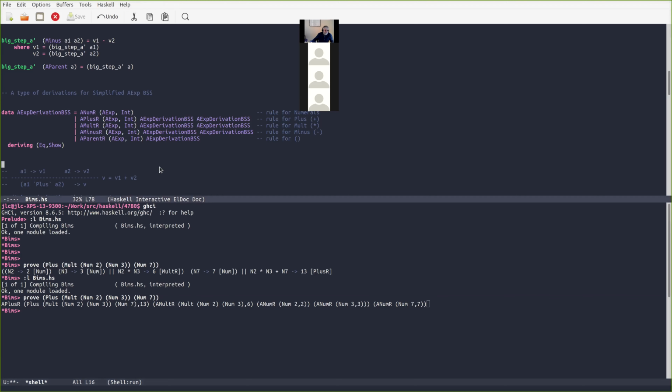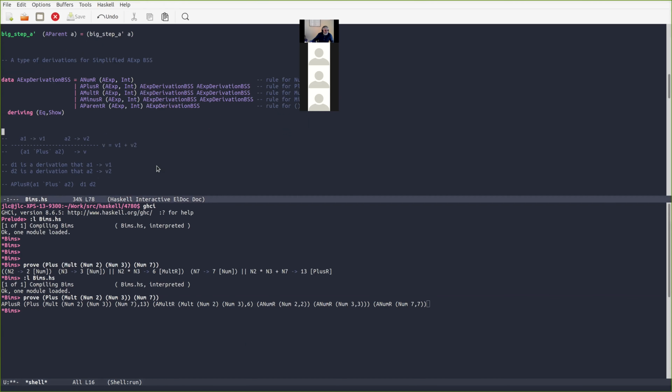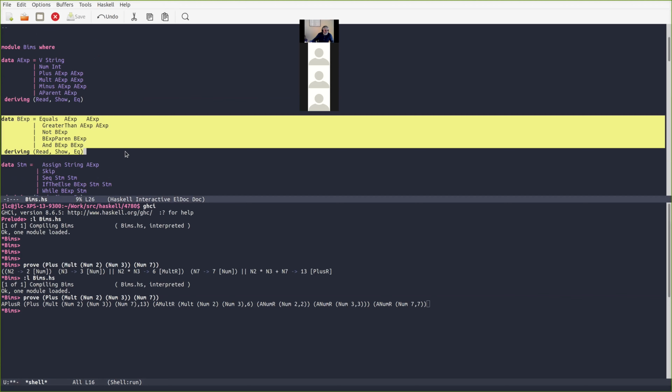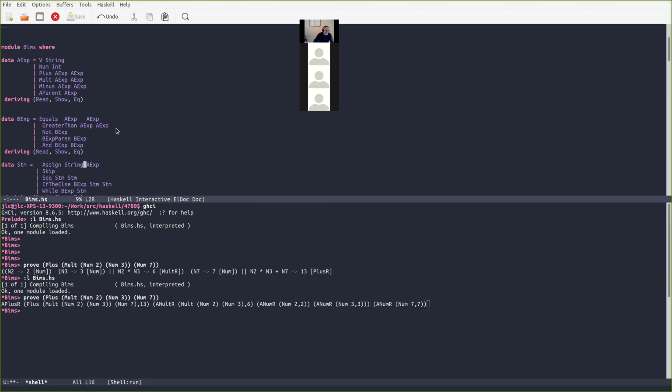So if you go and you look at B expressions, what does the rule for equals for B expressions look like?